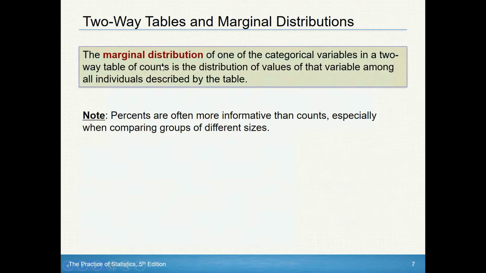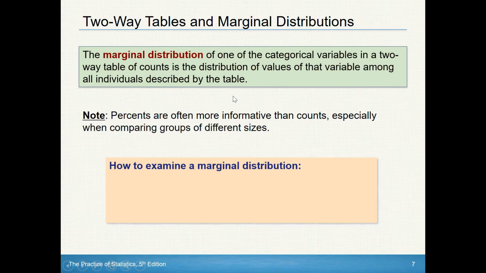So the definition here: the marginal distribution of one of the categorical variables in the two-way table of counts is the distribution of values of that variable among all individuals described by the table. And it says percents are often more informative than counts. That's generally a rule of thumb we want to stick with. We want to keep always looking at the percentages, or proportions, not the counts.